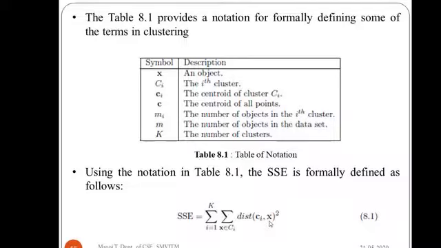That's why I earlier told you, it's very simple. From the centroid to the data points, you compute the sum of squares. That you do for all the clusters, which will give you the sum of squared errors.